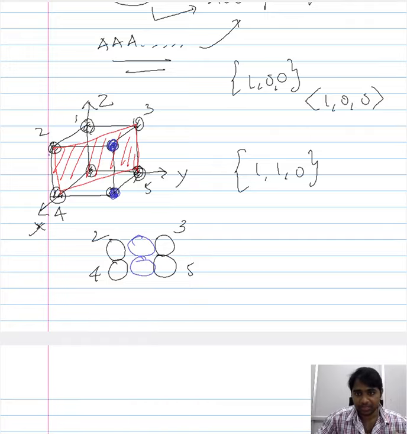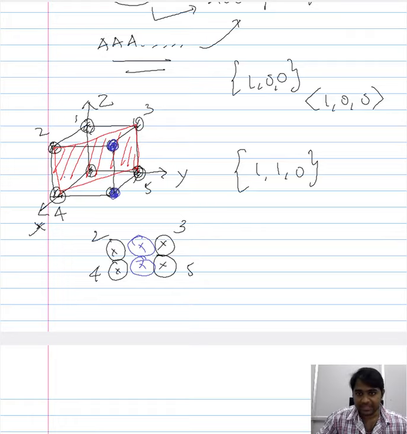You begin by considering atoms 2, 3, 4, 5, and when you move away from it, the next sequence will be these two blue colored atoms, and they occupy the position between 2 and 3 and 4 and 5. And when you keep on building it, you will end up having a setup that is similar to that of 2, 3, 4, 5, and the other layer of atoms will be between the 2, 3, 4, 5.